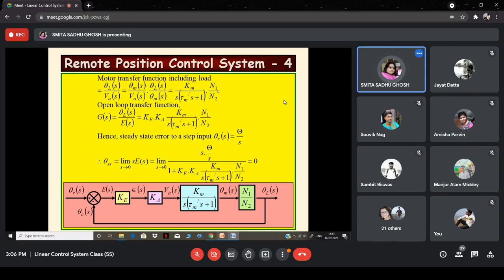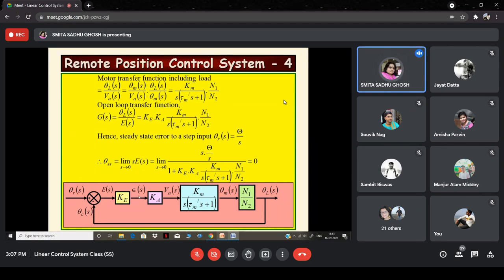Now, before finding that, let us draw the block diagram first, and then I'll come back to the open loop transfer function. In the block diagram, the reference input is theta r, as in the schematic diagram that we had drawn. This overall block is the potentiometric error detector, along with Ke, which takes theta r minus theta c, multiplied by Ke, to give epsilon(s).